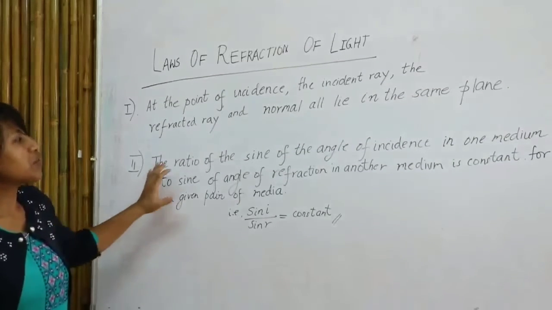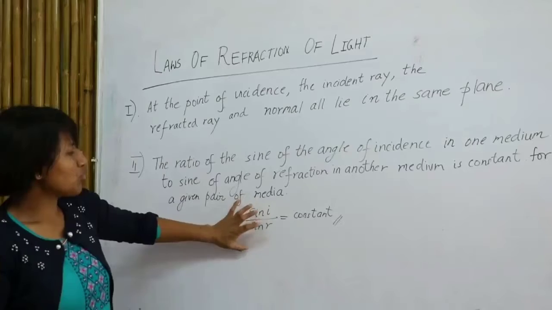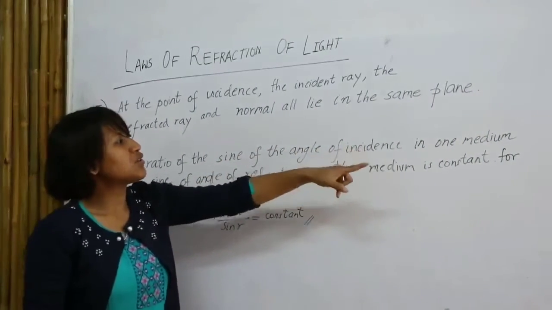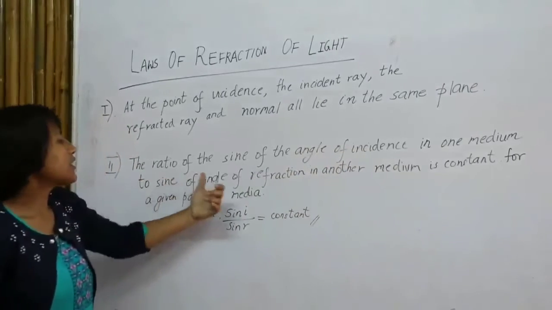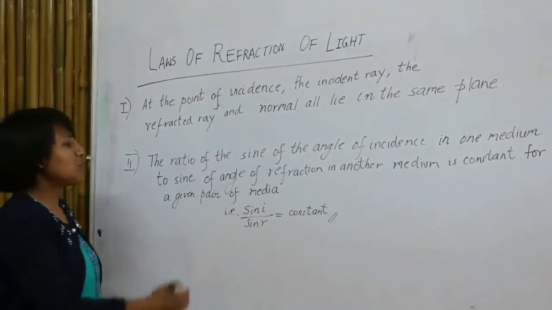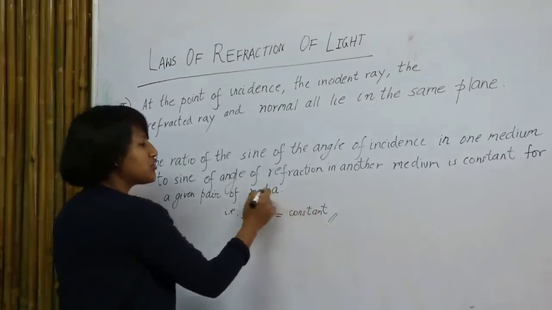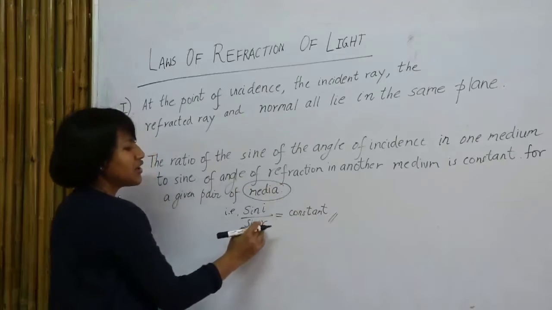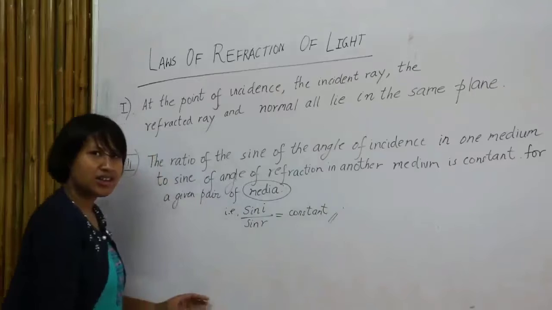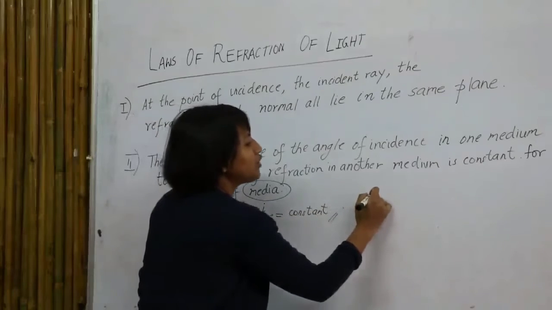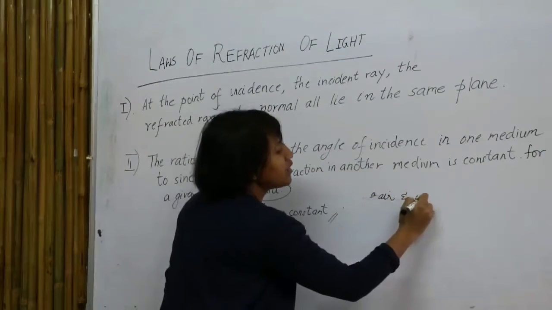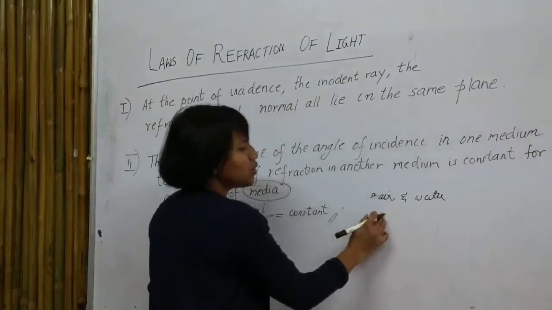The second law, very important, says that the ratio of the sine of the angle of incidence in one medium to the sine of the angle of refraction in another medium is constant for a given pair of media. That means for any pair of media, this ratio will always be constant. For example, take the first medium as air and the second as water, or water and air.